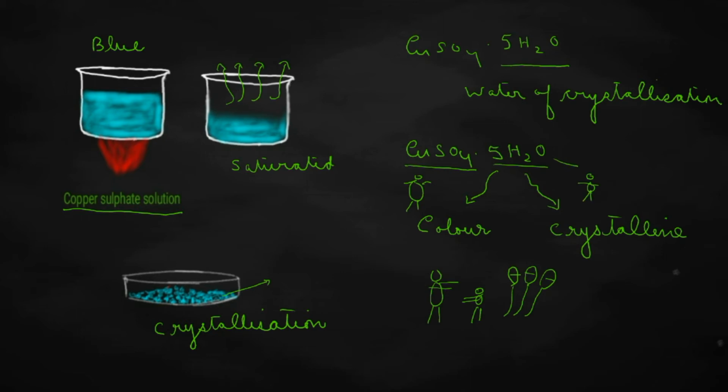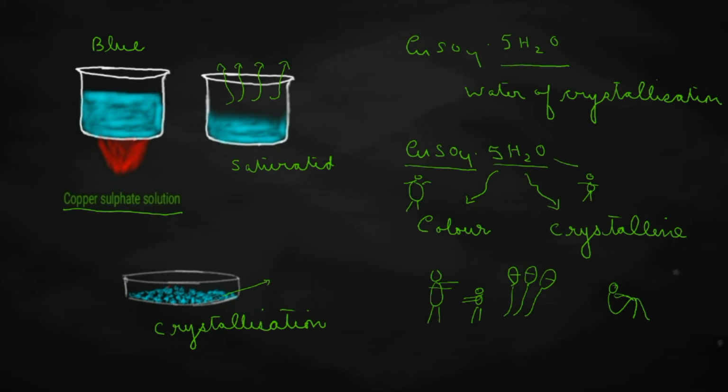If water is there along with copper sulfate, it will have a color and crystalline nature also. And if water is not present, that is, the heroine is not there along with the hero, what will happen? The hero will be completely desperate. His life is colorless now.